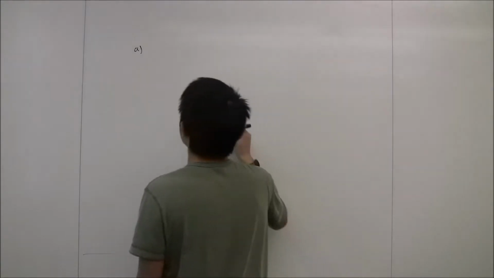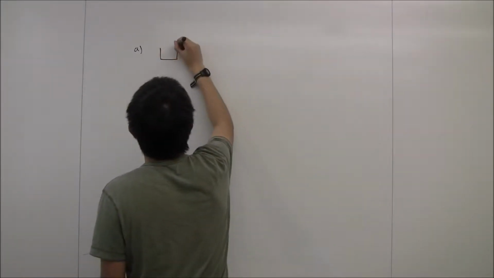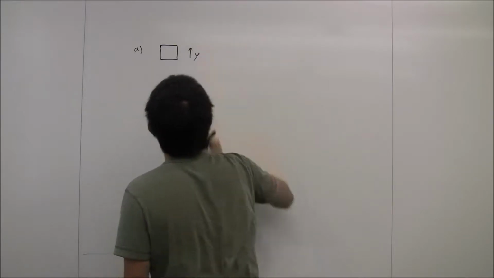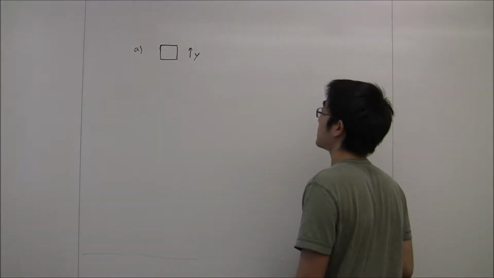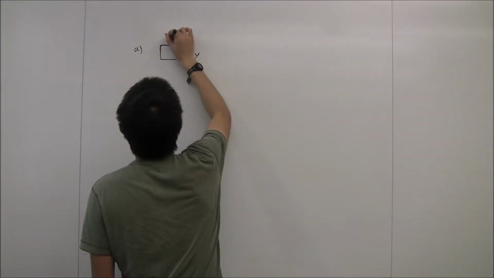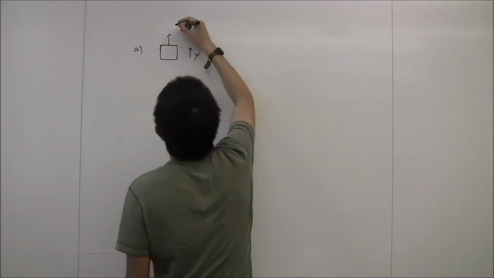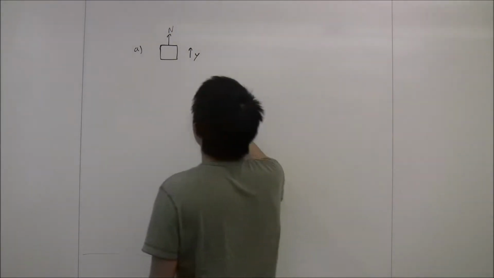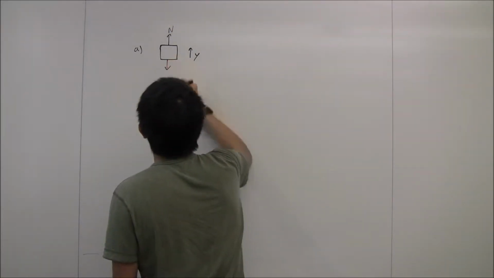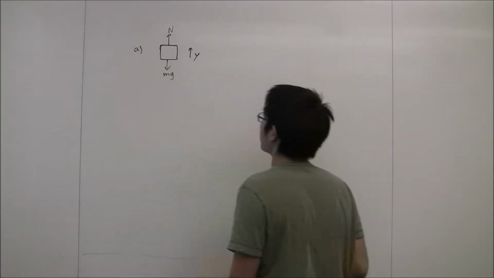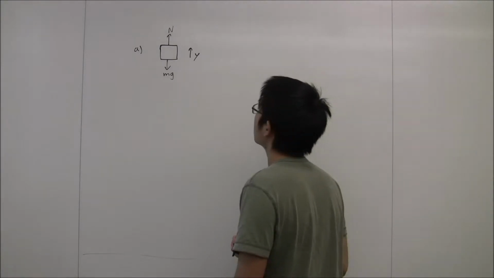So first, let's draw an isolation diagram of the block. We're going to define the upwards direction to be the positive y direction. So the normal force acts on the block in the positive y direction, and we've got the force of gravity acting in the negative y direction, which is given by mg, where m is the mass of the block.